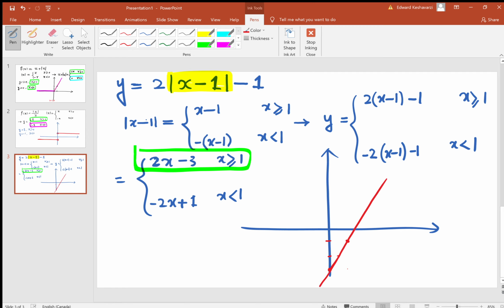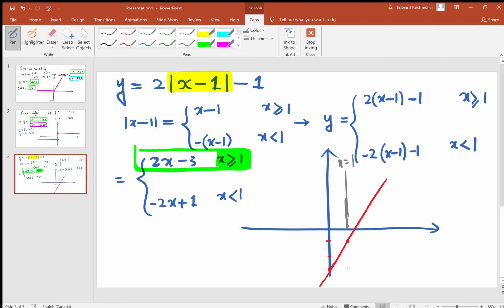So which part of this line should I keep? The condition or the restriction that we have here is x larger than or equal to 1. This is why I draw the line x equals 1 here. This is line x equals 1.